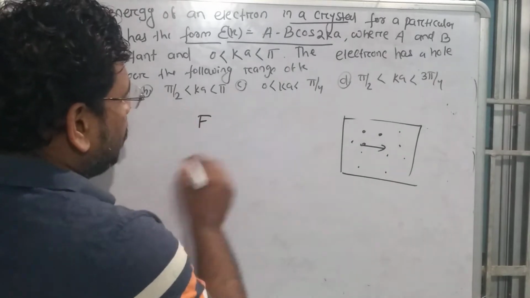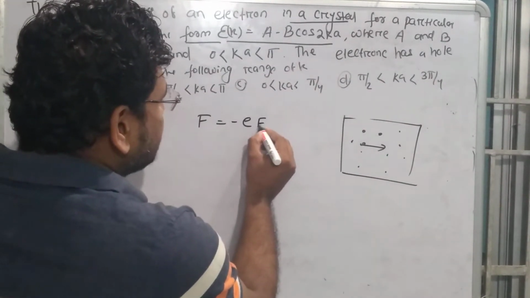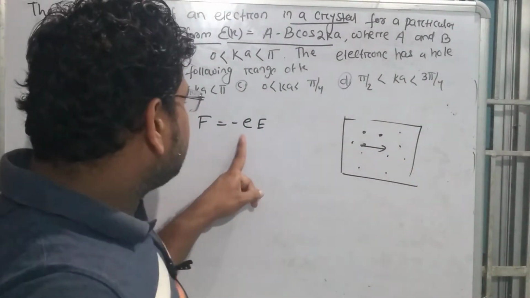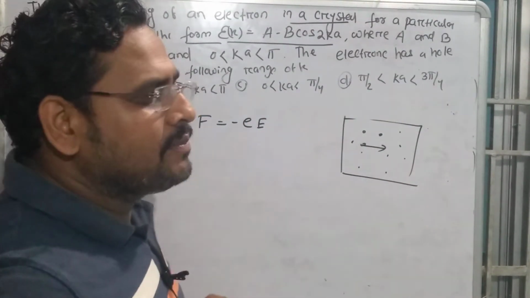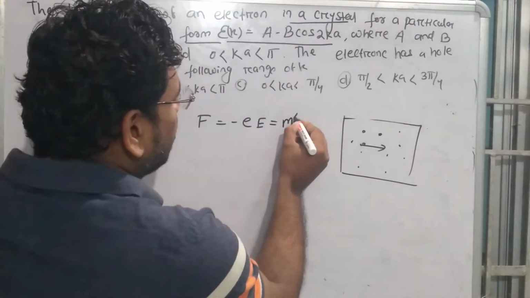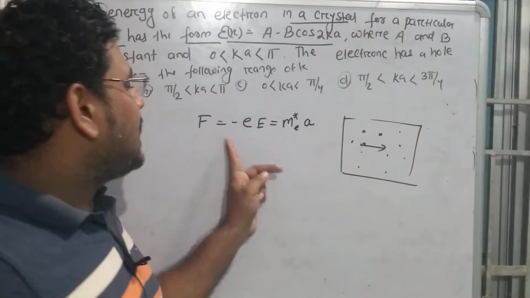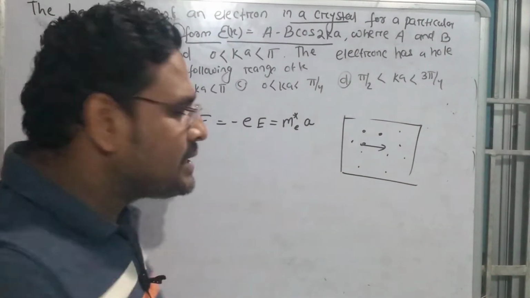Suppose F is the force acting on the electron, so this will be minus e times the electric field, because e is the charge and it is negative since the electron has negative charge, and this will be equal to the effective mass of the electron times a, because we can write force as mass times acceleration.